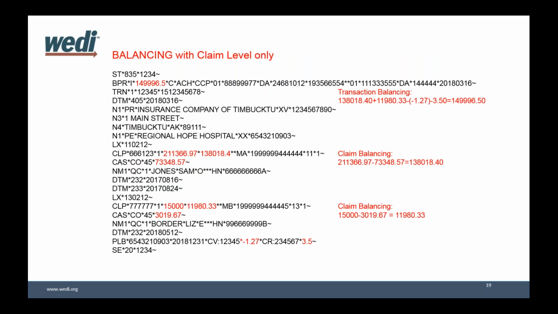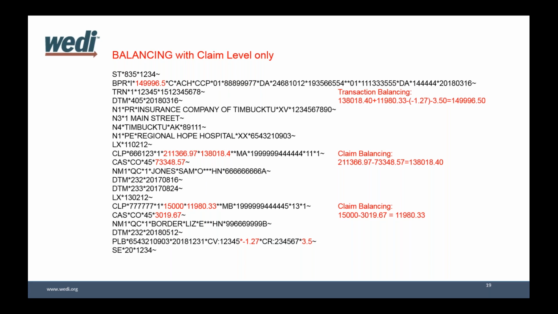So here we have balancing with claim level only. So we don't have services here. So in this case, for the bottom CLP, we've got $15,000 minus our adjustment of $3,019.67, which is going to equal a paid amount of $11,980.33.